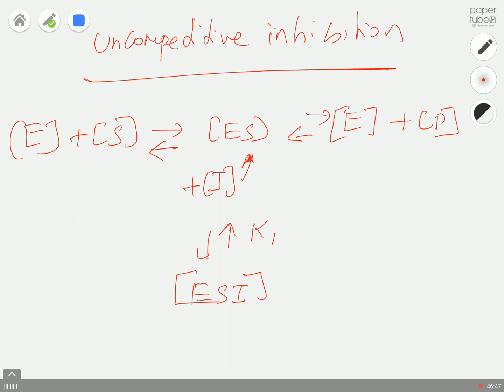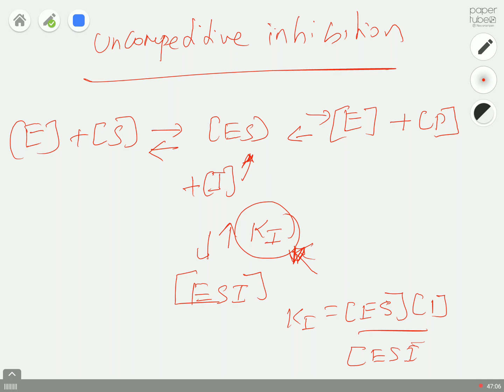So your Ki is the equilibrium constant corresponding to that inhibitor. Ki is the concentration of your reactants divided by the concentration of your products. I think everybody knows this one for an equilibrium reaction. So that's how you write the reaction constant.